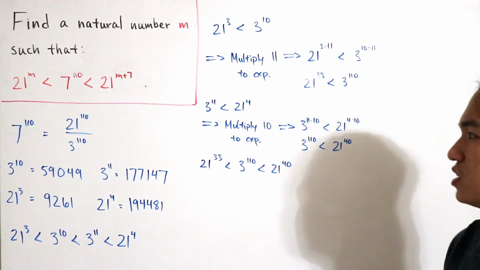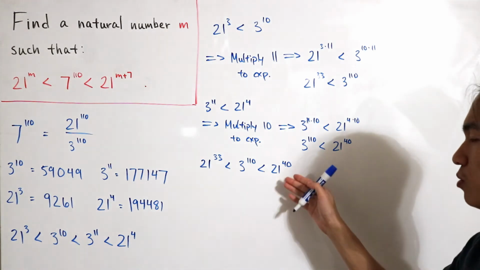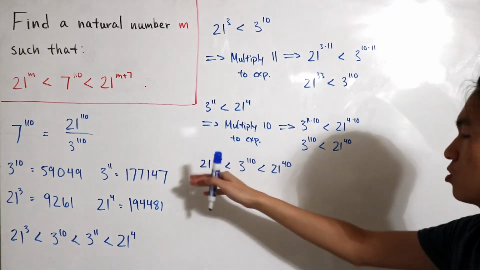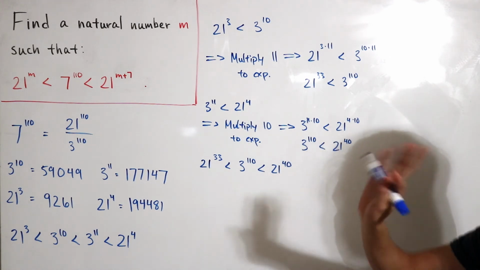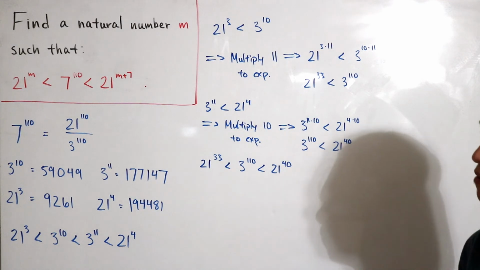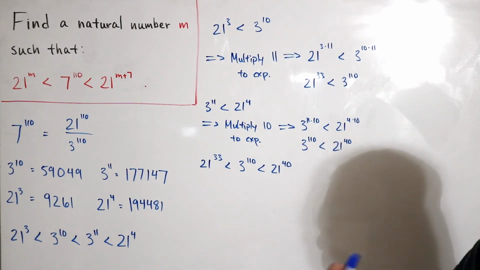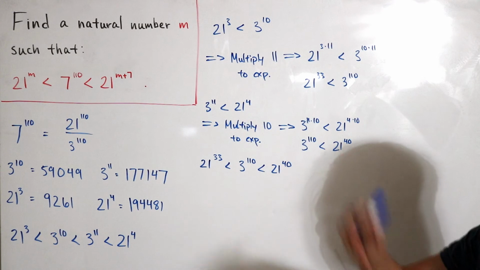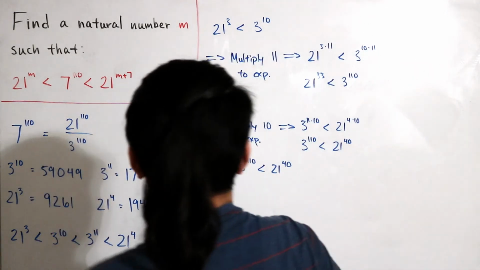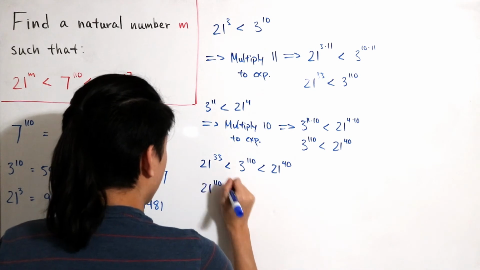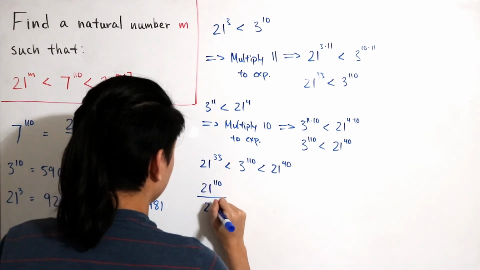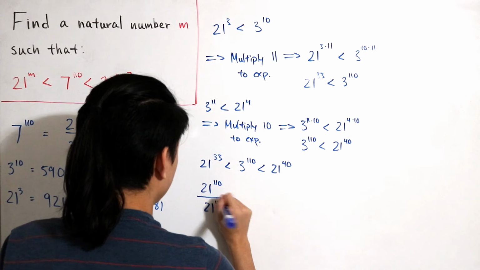Because we have exponents larger than the other, when working with inequalities you have to switch the signs. Obviously, when you have a bigger denominator, the result is going to be smaller. So from there we have 21 to the power 110 divided by 21 to the power 40.